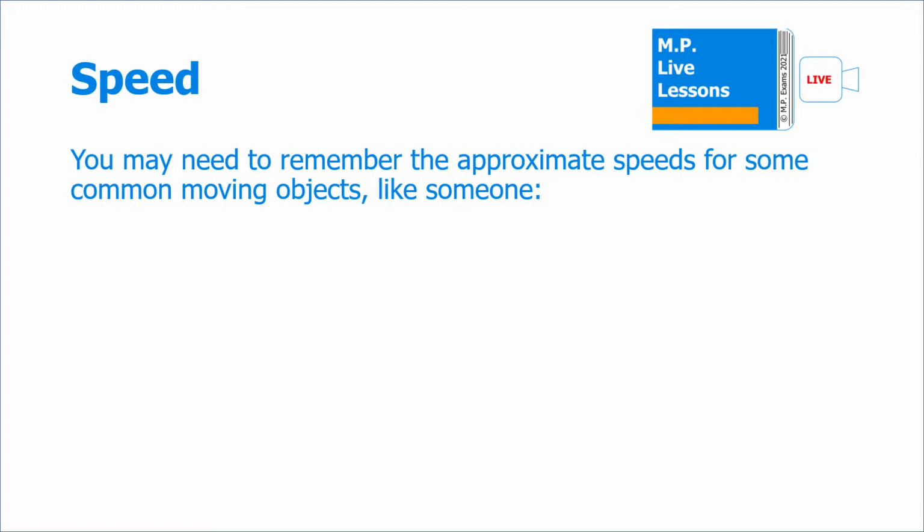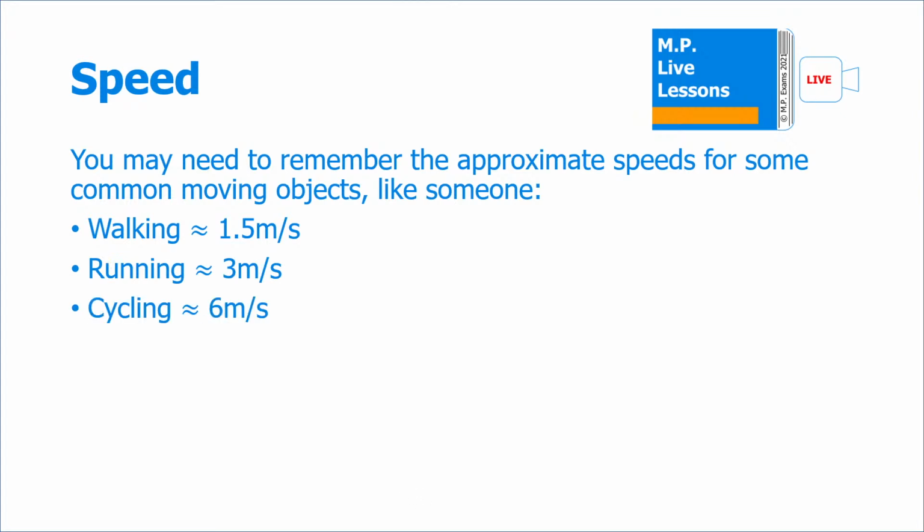Now, you may need to memorize a few rough speeds as well. So you need to remember the approximate speeds for some common moving objects, like someone walking, running, cycling, someone in a car. You should also remember that the speed of sound is approximately 330 meters per second.